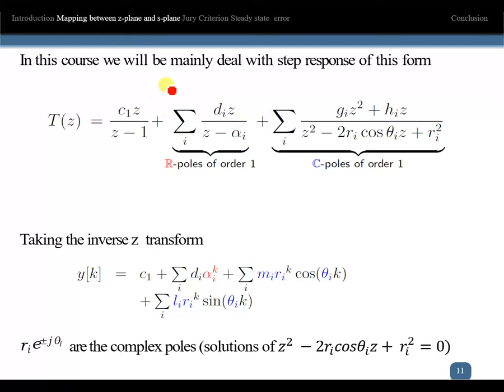And we will consider here the first order and the second order system. And by taking the inverse transform here, C1 becomes a step, and here becomes alpha_i^k, and if you remember here again, delta equal to 0, delta bigger than 0 and delta less than 0, you find a combination of the sine and the cosine.